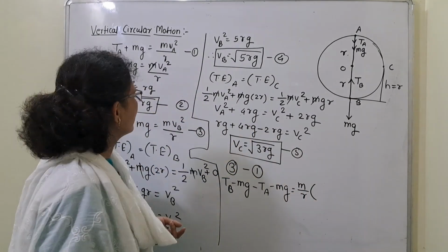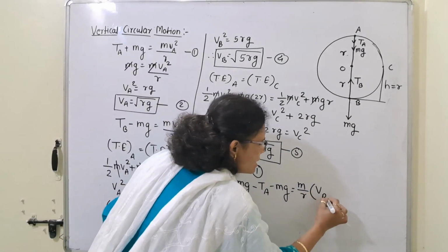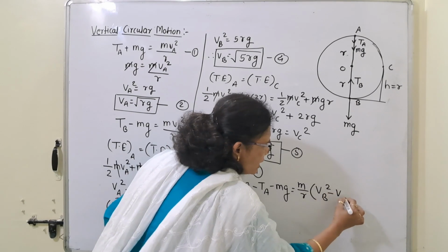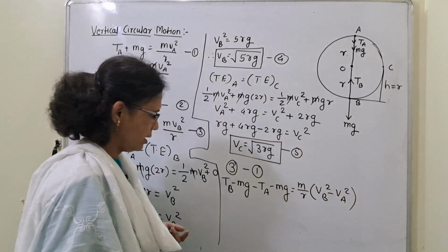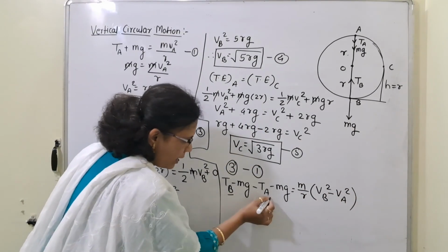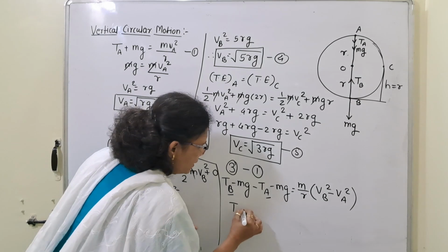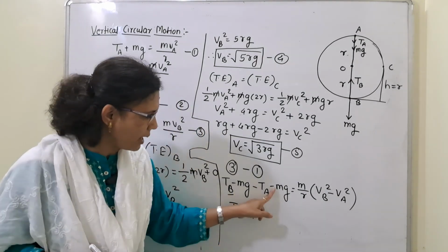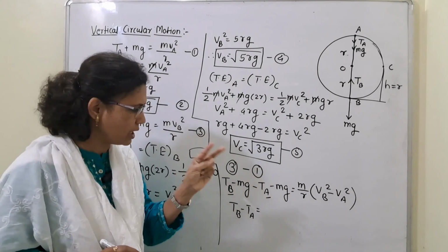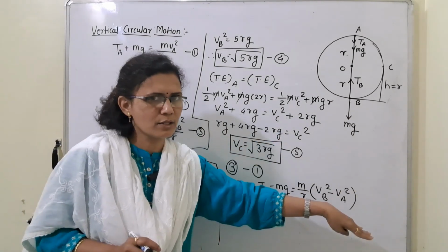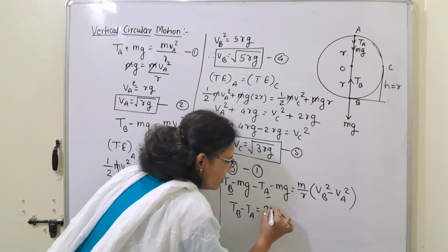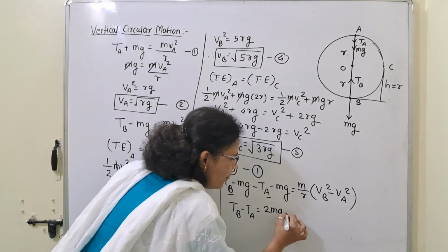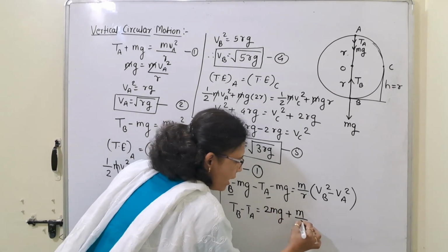Therefore, in bracket, there will be only vb square minus va square. Now see, we want TB minus TA, so I will write only TB minus TA towards the left side. This minus mg will be minus 2mg, and that will become plus towards the right side. Therefore, that will be 2mg plus this m by r as it is.